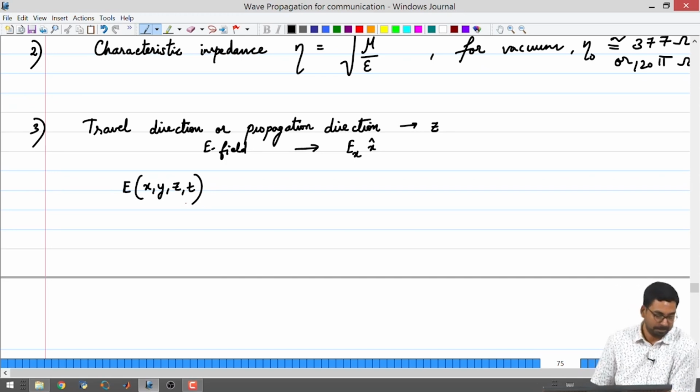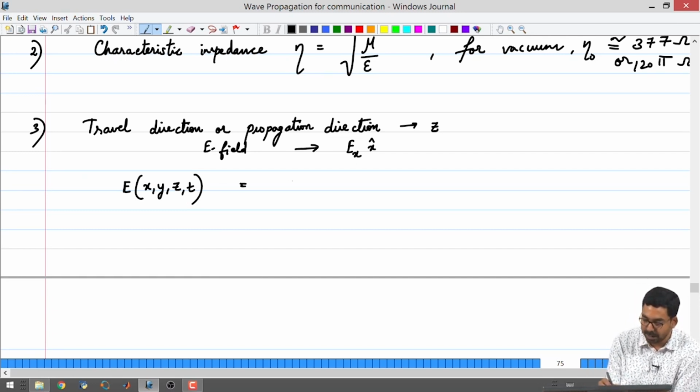However, we know that with respect to x and y, there is no change in the value of the electric field. That is how we had written the del cross E equation in the previous lecture. We had crossed out dou by dou x and dou by dou y, and we retain only dou by dou z. So, E is a function of only z comma t, the manner in which we are considering this problem.